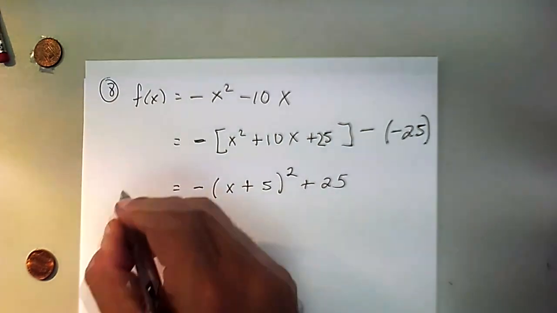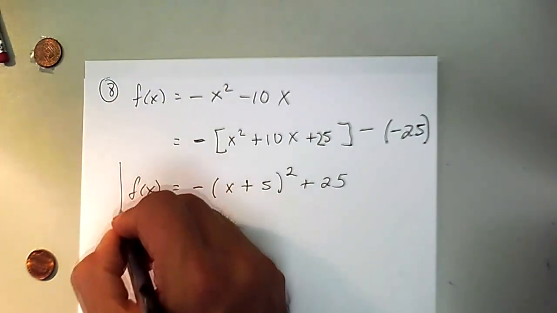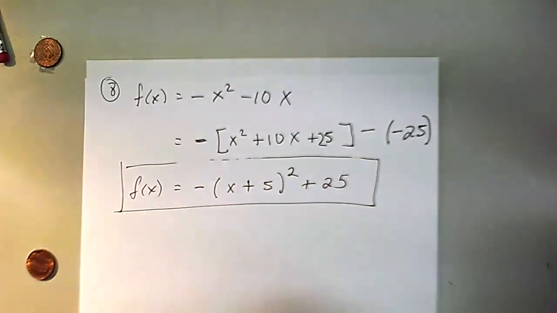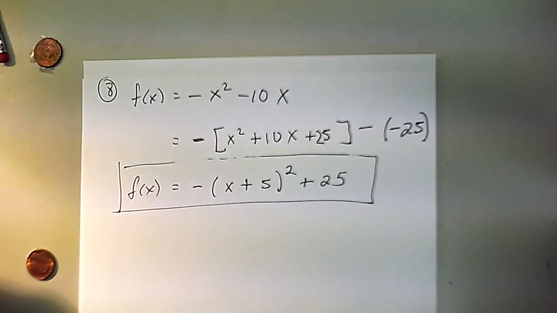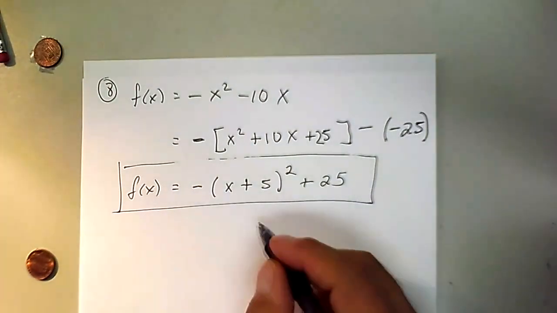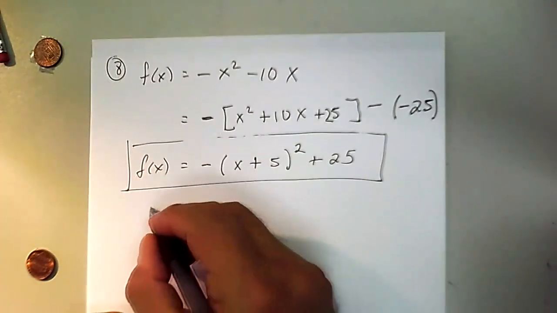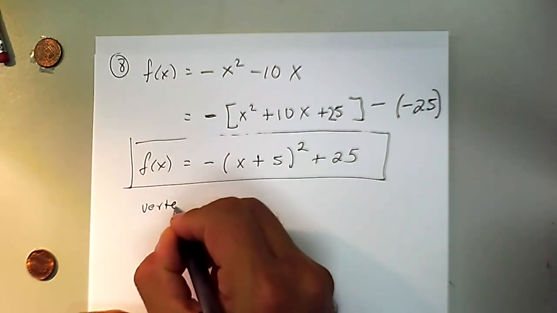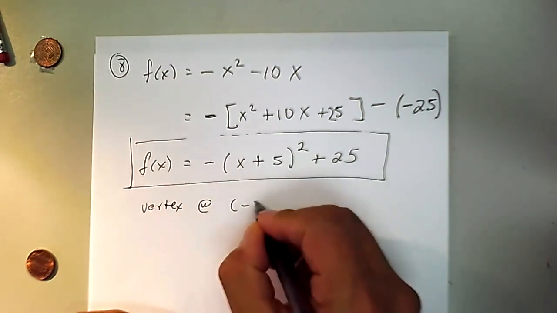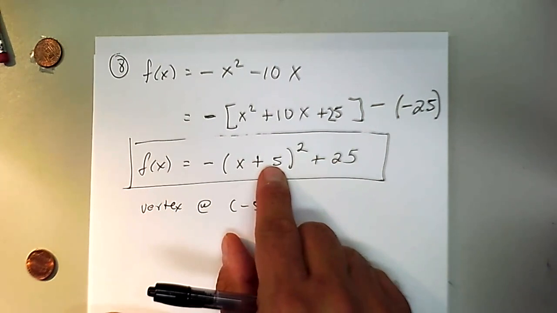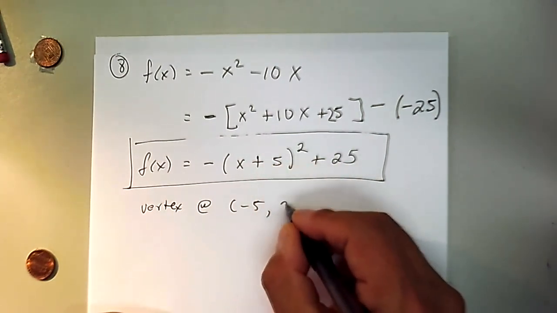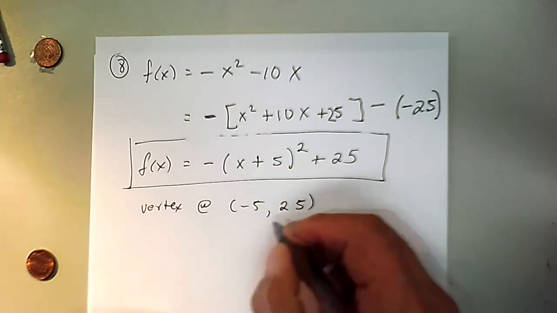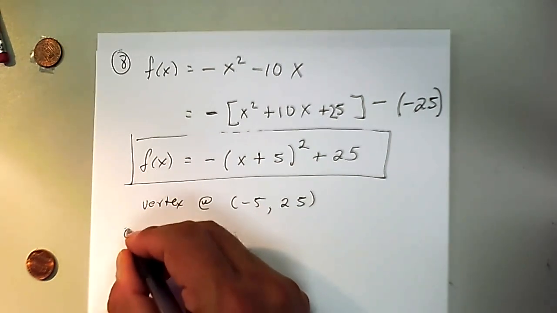So this will be the standard form of that guy. We still have the question. All right, what is the vertex? Vertex at negative 5, because now we're shifting to the left, comma, and then up 25. The parabola opens down.